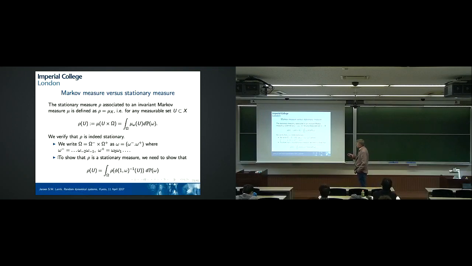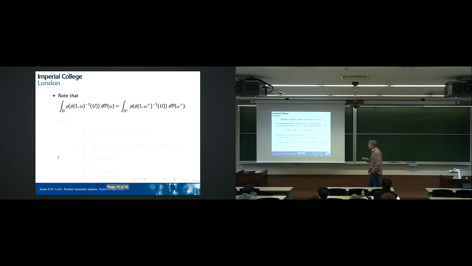So to show that it's a stationary measure, we need to show that this rho is invariant with respect to the Markov operator. So I integrate over omega, and I apply the flow invariance of the measure.